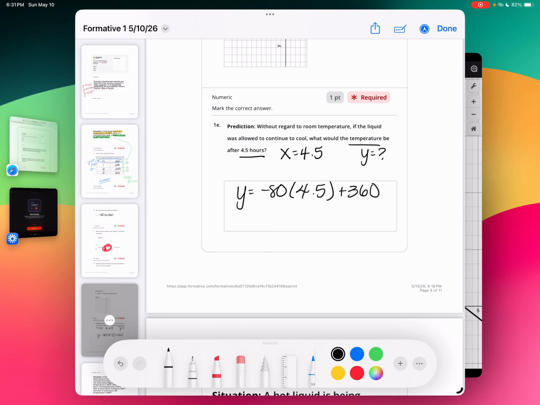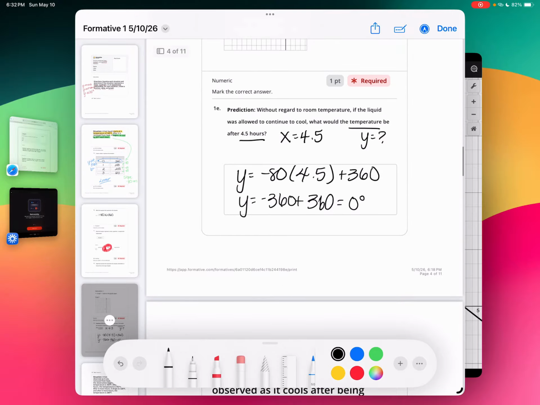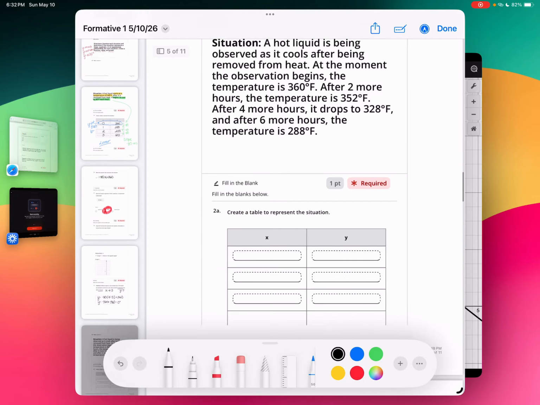Negative 80 times 4.5 in your calculator is negative 360, plus 360. So it's predicting 0 degrees, which obviously wouldn't work, but it's just based off the trends, right?